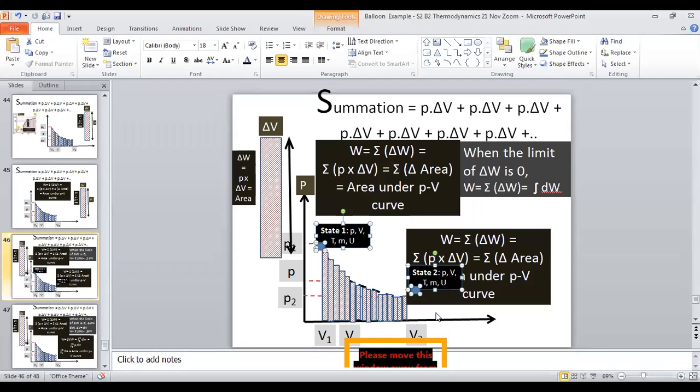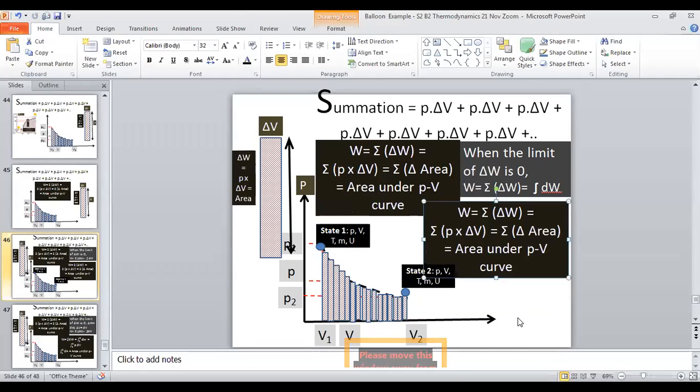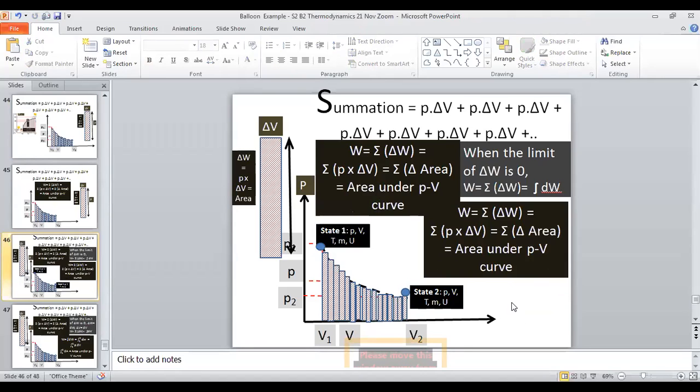This is your state 2. This is your state 1. So 1 to 2.